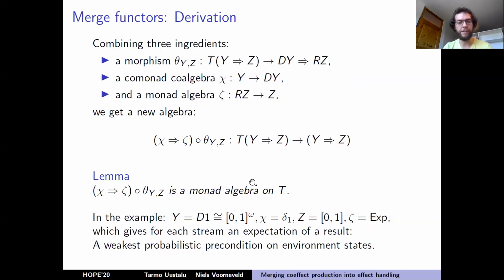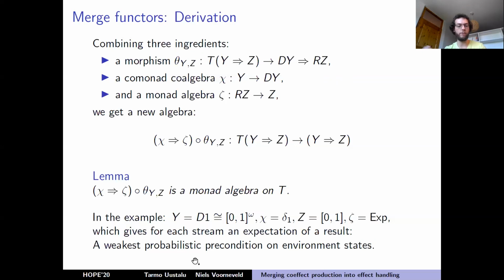So this handles everything at the same time. For instance, in the running example, where Y is the stream of weights and Z is this probability, and we have this coalgebra and algebra given by the cofree and the expectation morphisms, then what we in the end get is this Y to Z, given by functions from the state, these streams here, into probabilities.